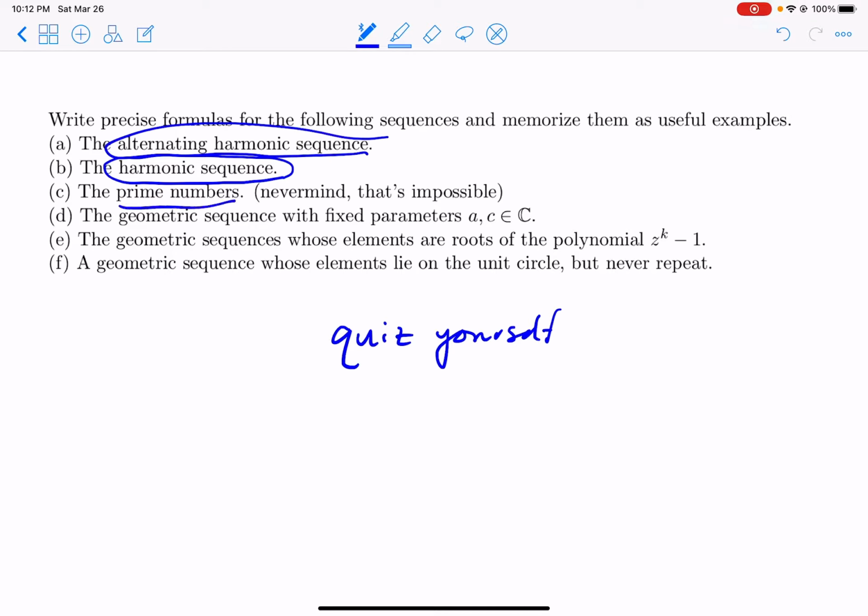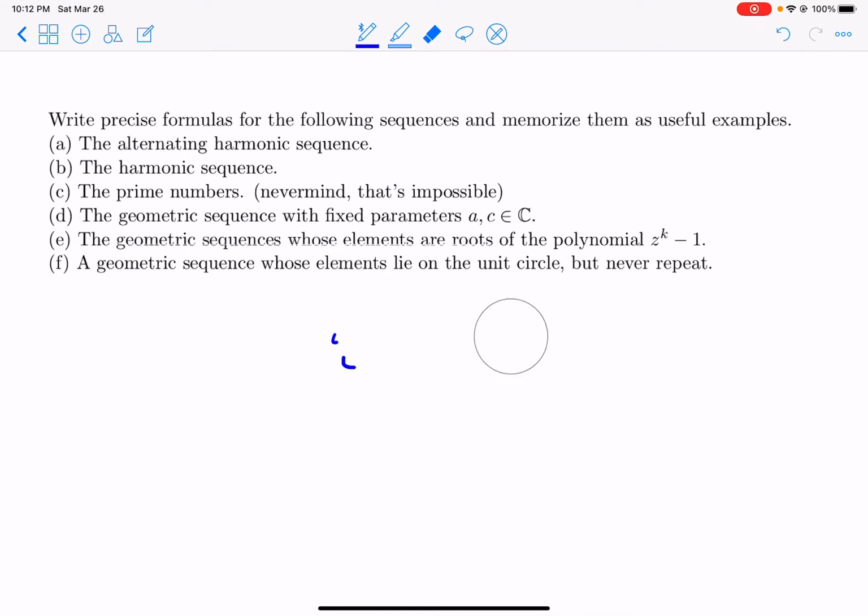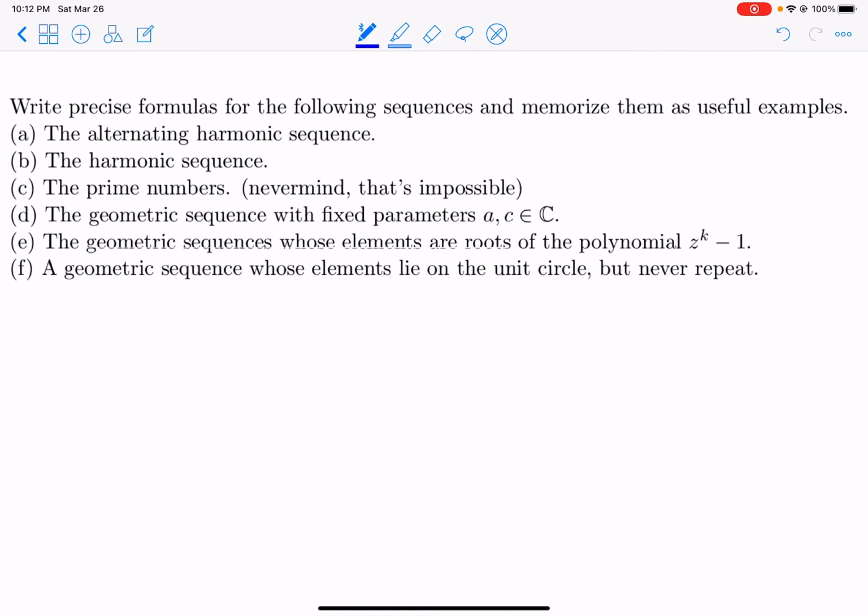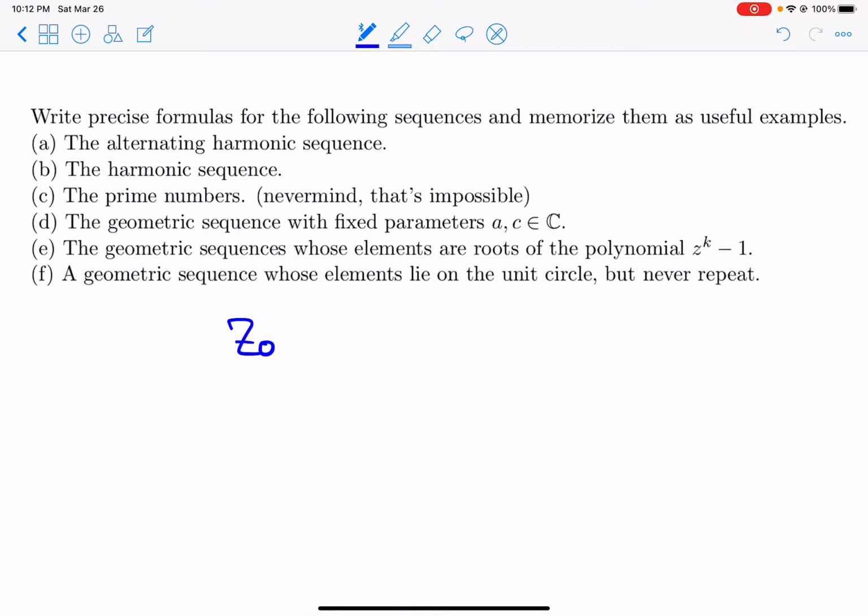Alternating, prime numbers, geometric sequences, oh my gosh. Those are going to be super important, geometric sequences. So anyway, these are good examples. Let's just commit them to our example zoo, our zoo of examples.